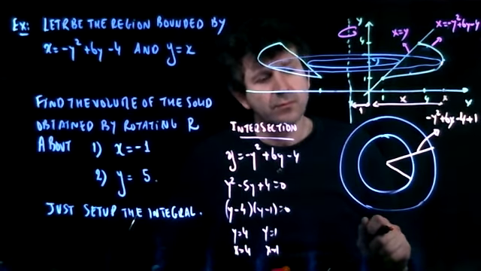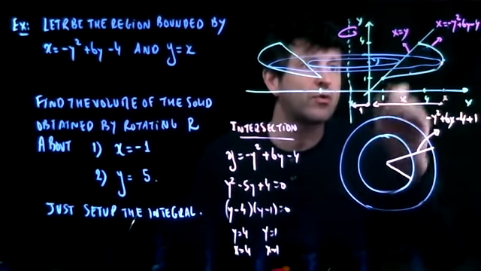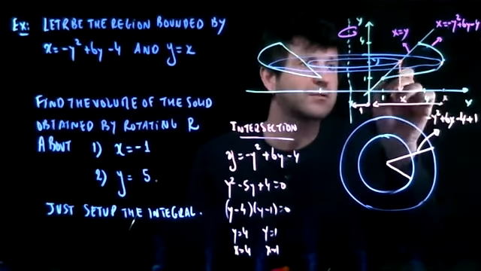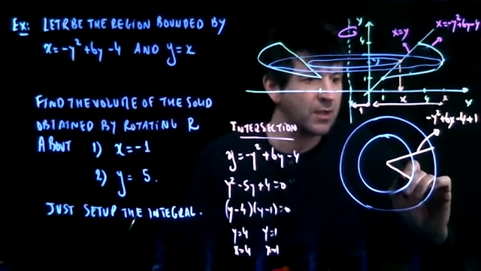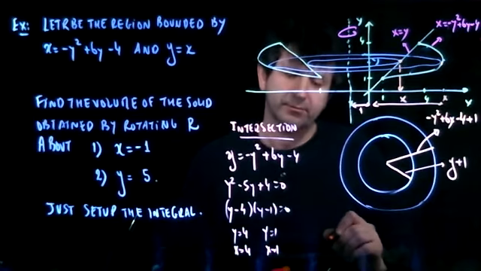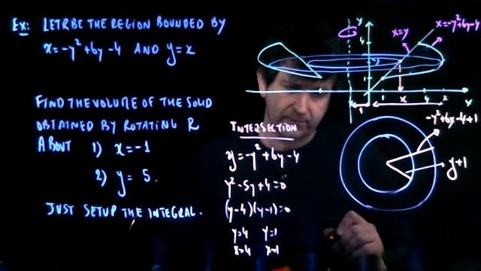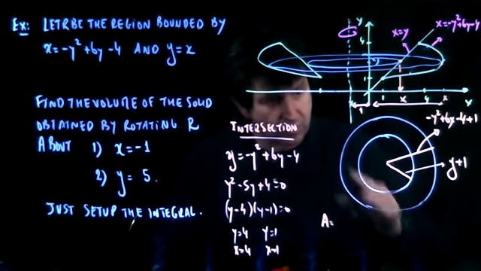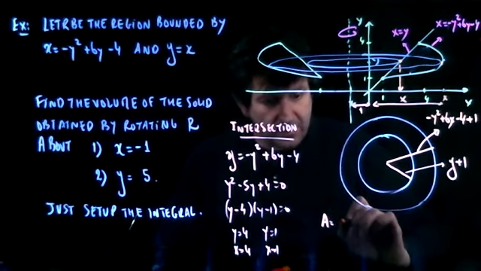Okay, thank you. And same thing for the small radius, which stops at this function, and this would be y plus 1. So what is the area of this washer, of this ring here?